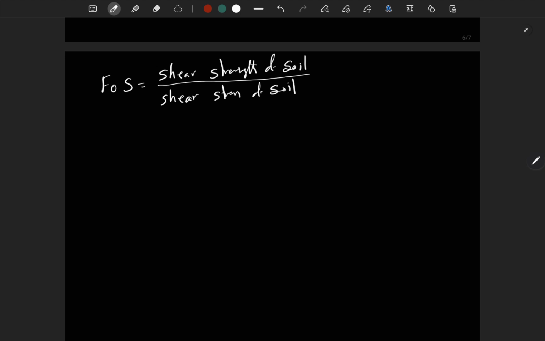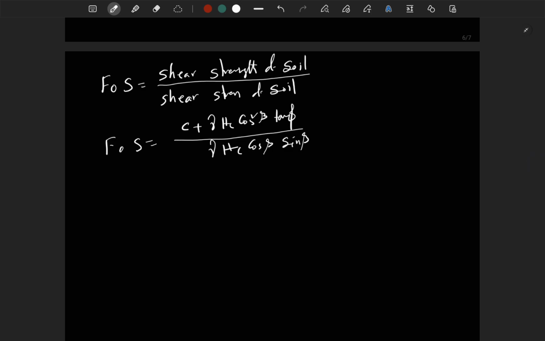The only important equation you have to remember is factor of safety equal to C plus gamma z cos square beta tan phi divided by gamma z cos beta sin beta, where beta is equal to slope angle or inclination angle.